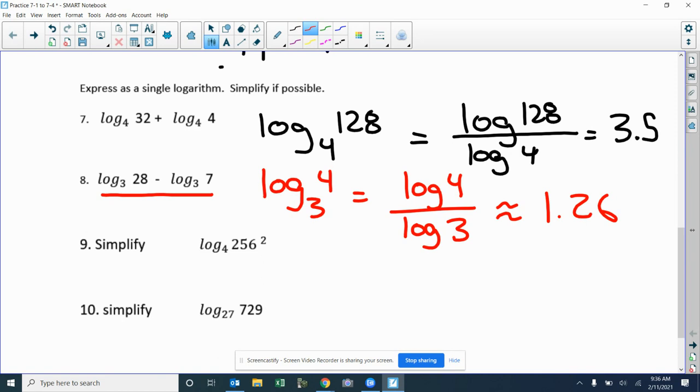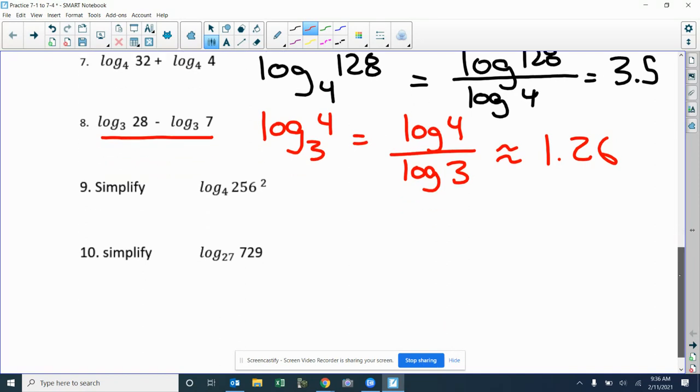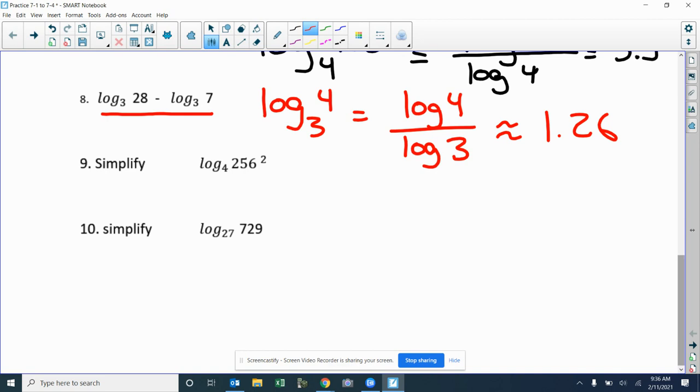Still right in your calculator, even with these last couple. I'd bring the 2 out front first myself. Okay, then I'm gonna go log of 256 divided by log of 4.